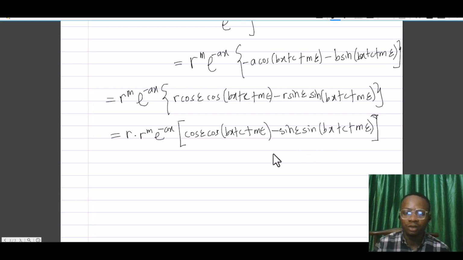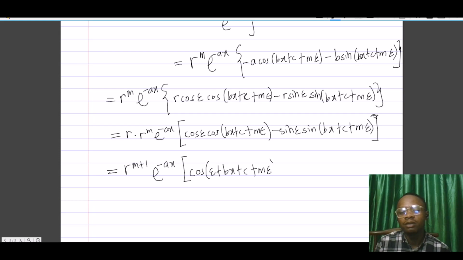So this is going to be equal to r multiplied by r to the power of m, that will be r to the power of m plus 1, and this will be e to the power of minus ax, and then this will be the same thing as cos epsilon plus bx plus c plus m epsilon. So that will be everything we have here.